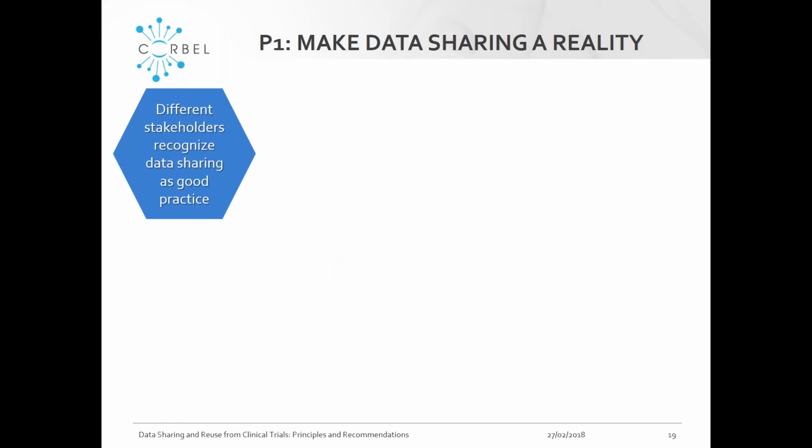Simple examples of this are funders or medical journals that require data sharing from the studies they fund or publish, but many other examples can be given. For example, the regulatory authority, the EMA, is currently discussing the possibility to grant access to individual patient data of the studies supporting marketing authorization in Europe.